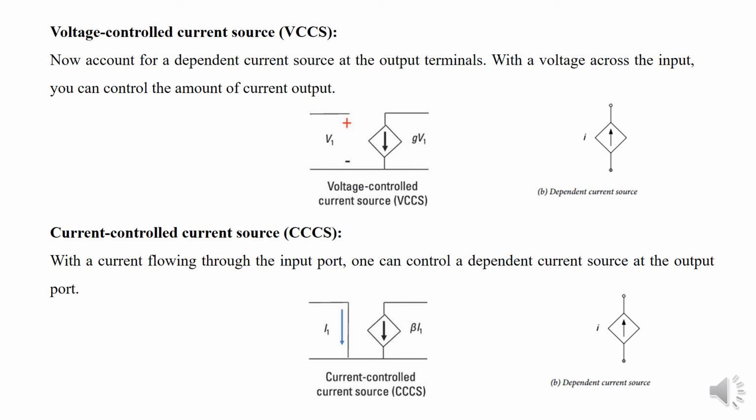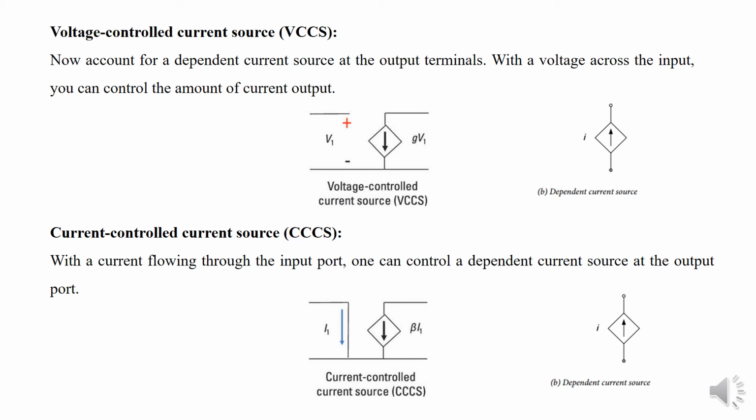The voltage controlled current source accounts for a dependent current source at the output terminals with a voltage across the input. You can control the amount of current output, and that is the voltage controlled current source. The representation is shown in point B.